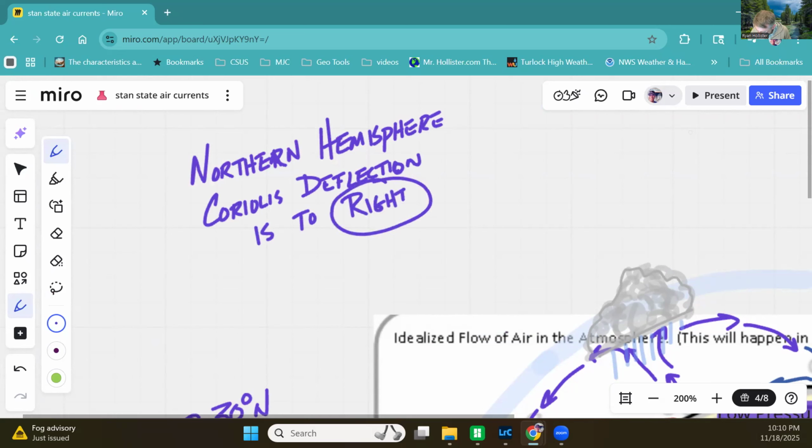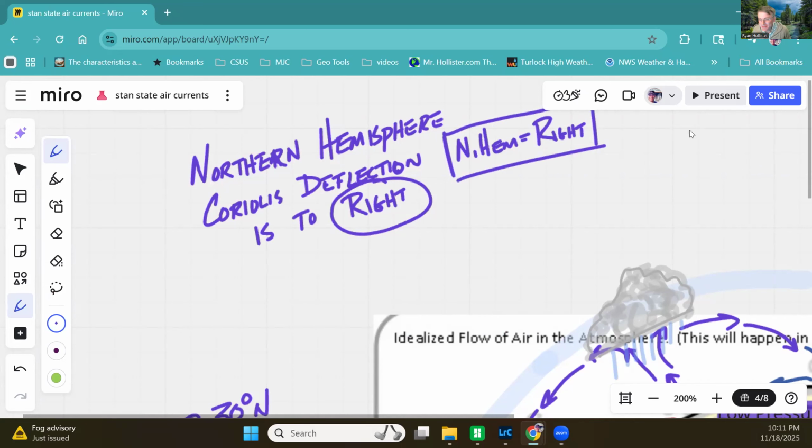If it helps you to abbreviate, northern hemisphere equals right. So the northern hemisphere is always deflected to the right. So ocean currents, atmospheric currents, are deflected to the right for the most part.